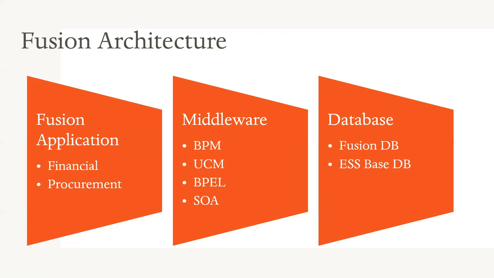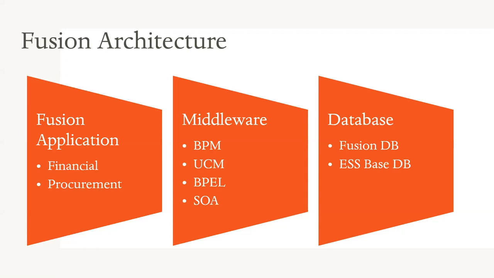This is kind of a term change; we don't have much difference. If you say module in R12, it is accounts payable, general ledger. But here, one offering given by Oracle is financials, which covers the entire part. Similarly, we have procurement, which is nothing but purchasing in R12.